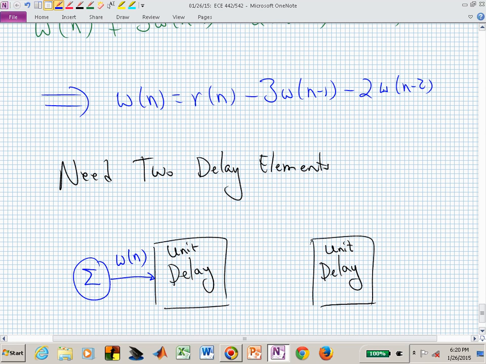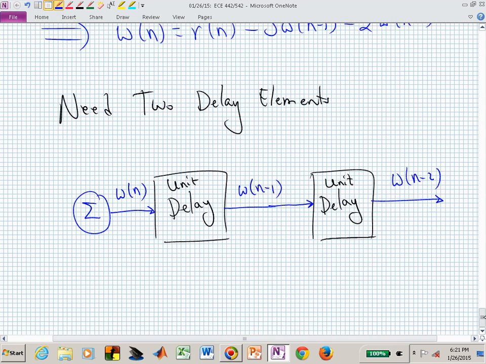Then if I have W of n on the left and I hold on to that for one delay, what's coming out of that delay block? It's just W delayed one sample, isn't it? W of n minus 1. If we do the same to the second, we now have W of n minus 2.